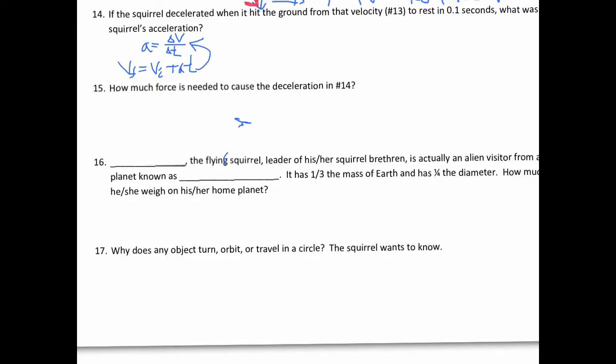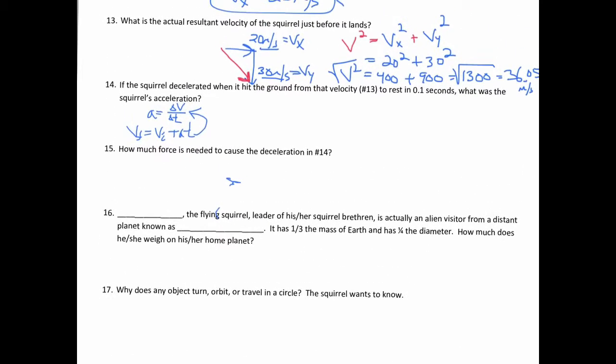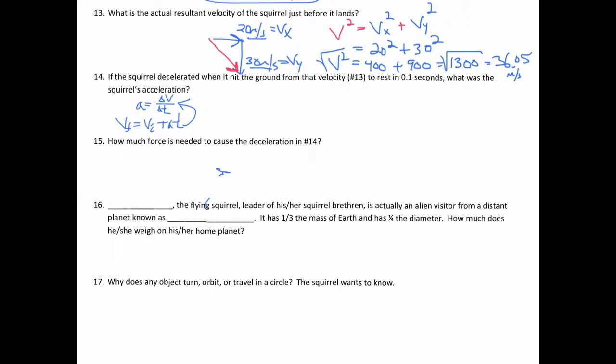So let's move down here and look at the velocity we had before. The final velocity was 36.05, but now we're stopping, so we should call that the initial velocity in this case, because our final velocity is 0. It's hitting the ground, stopping. So it starts at 36.05 and hits the ground in 0.1 seconds. So that's our time.